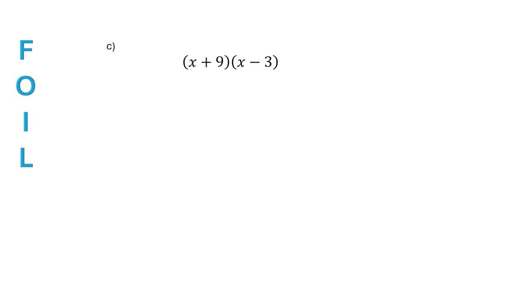Question C, our first terms, x times x gives us x squared. Outside terms, x times negative 3 gives us negative 3x. Inside terms, 9 times x gives us a positive 9x.